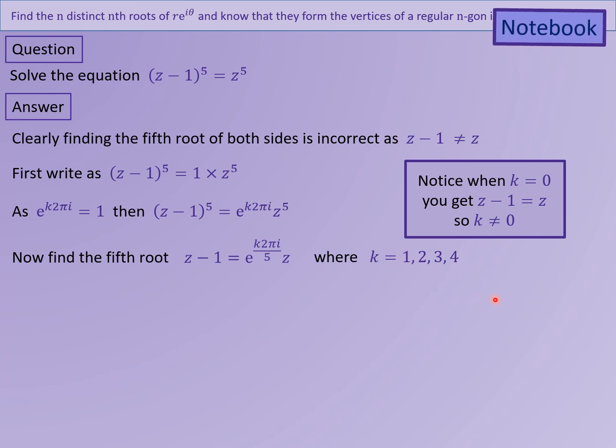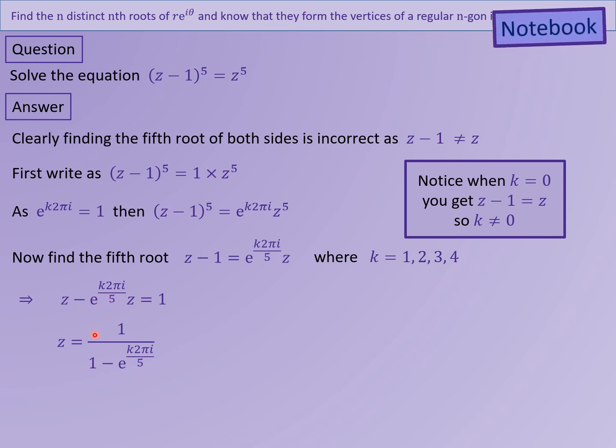Right, so let's see why this helps us though. Now I've got that, I've got k equals 1, 2, 3, and 4, it can't equal 0. What I can do then is rearrange this equation. I can bring this over this side, and I can take the 1 over there. It's starting to get towards a roots of unity type question because I can see it's equaling 1. And so therefore z on its own is going to equal this just here.